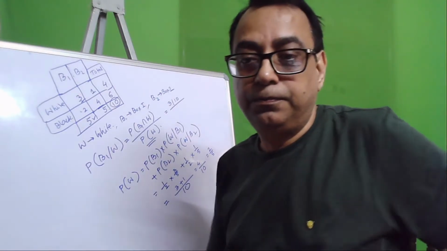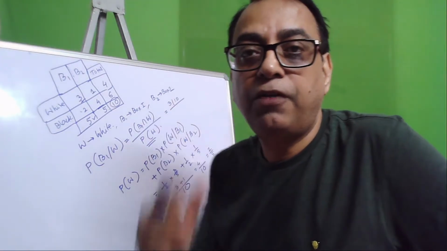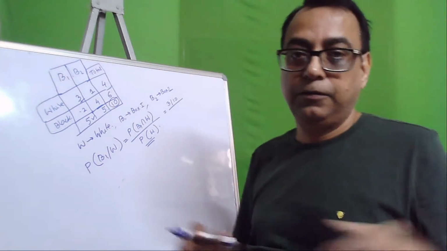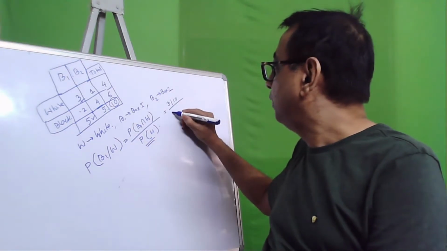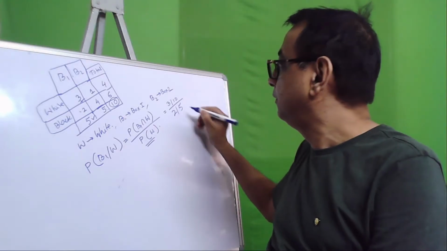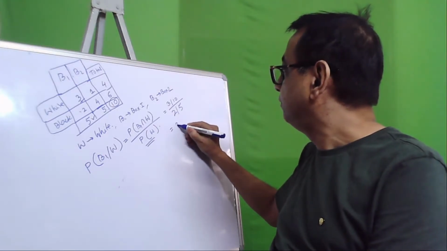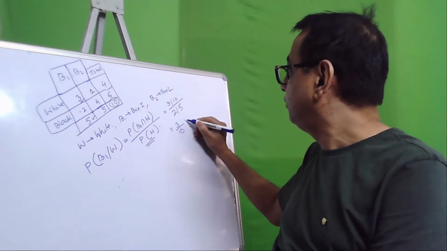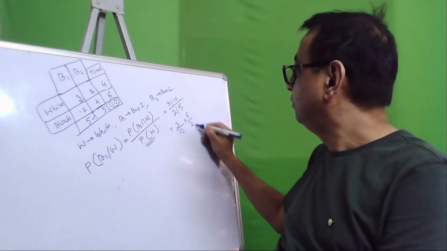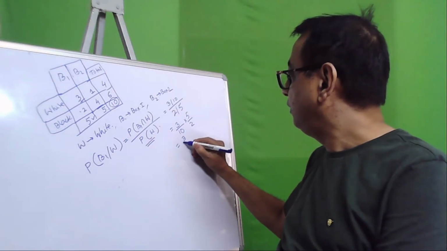So now we will put the value of 2 by 5 here, which will become 3 by 10 into 5 by 2, which will be 3 by 4.